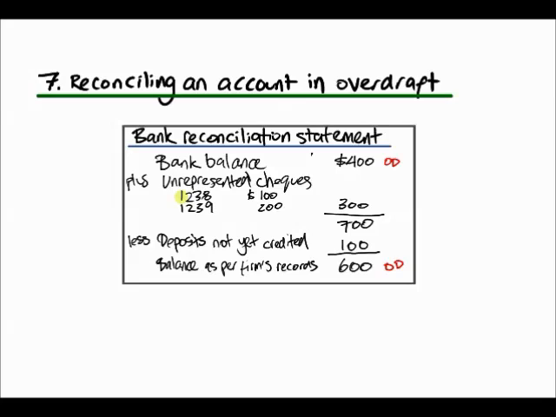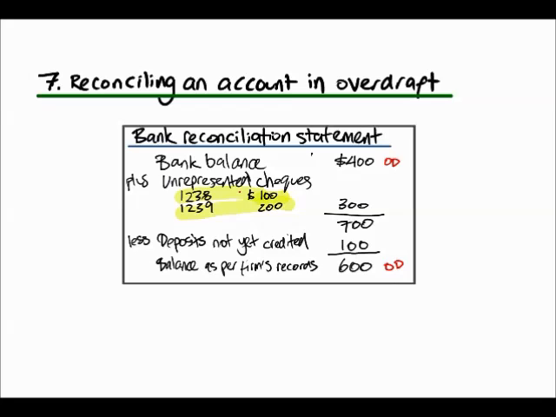Okay, so if I go back and show you, this is the example of the bank account in overdraft. Have a look at these two unpresented checks. Check number 1238 for $100 wasn't presented, and check 1239 hasn't been presented for $200. So during the next month, those checks might still not be presented by the people you've paid with them. So you've given somebody $100, you've given another person $200, but maybe they still haven't banked those checks.